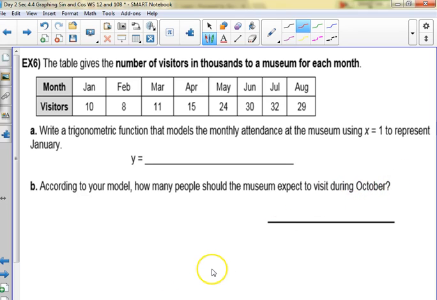All right. I'm not going to do this one on the online calculator. I'm just going to do it on mine. So making sure I'm in radians. What does it give us through August, which would be 8? Yes? Yep, use sine regression again.